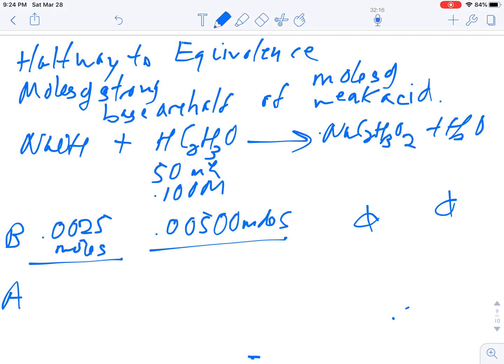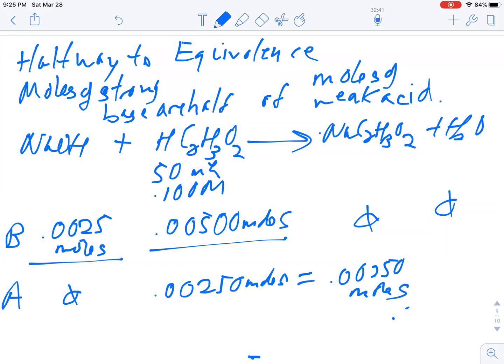Here is where people get confused. Afterwards, all of my base will have reacted. I'll have this many moles of my weak acid. But how many moles of salt did I generate? Notice that these are equal. I can't underscore the importance of understanding this. So I'm going to take up an entire page.